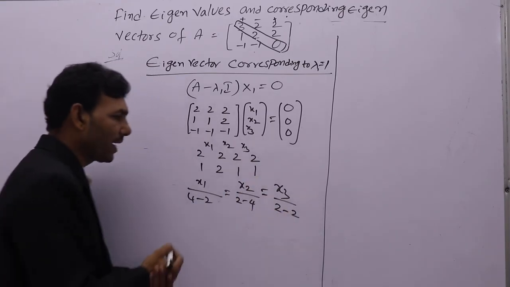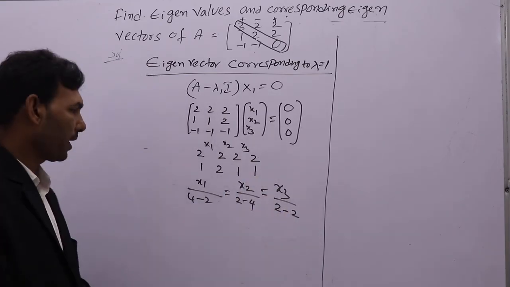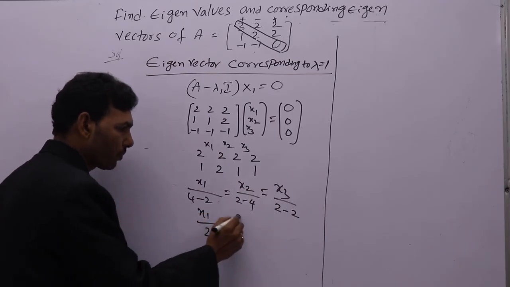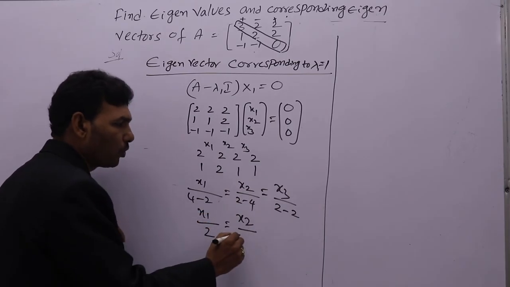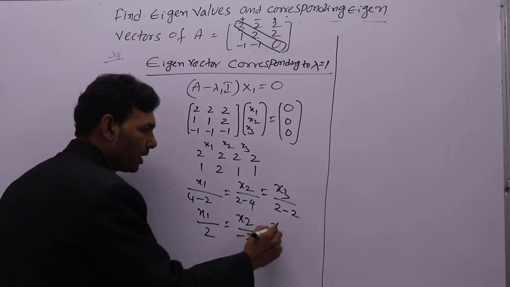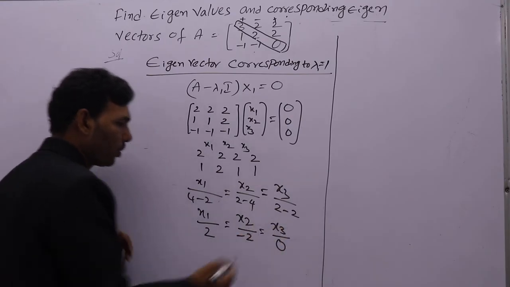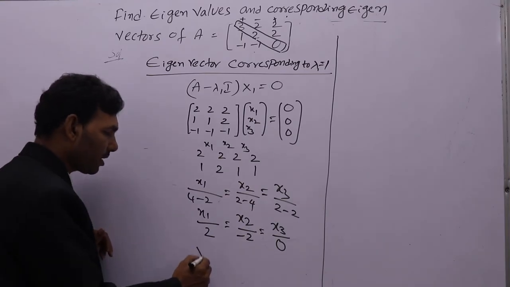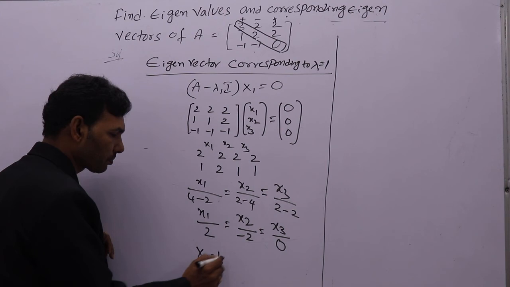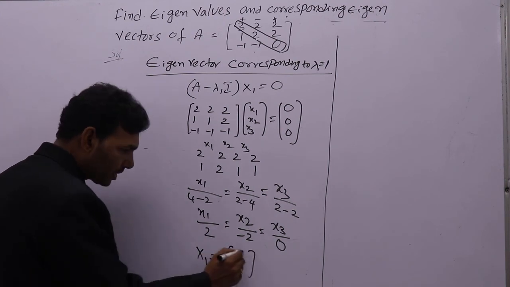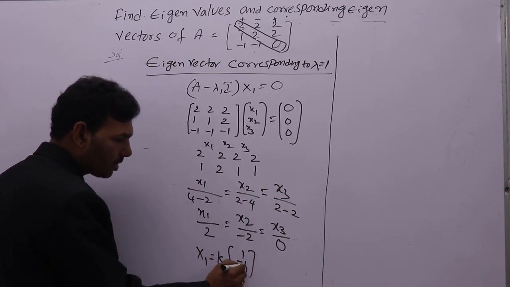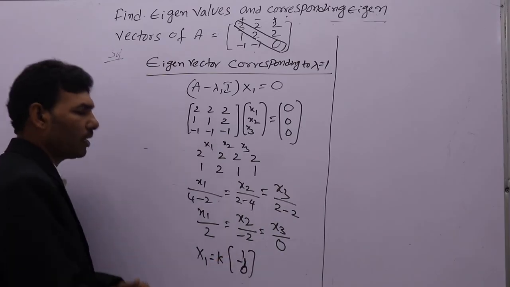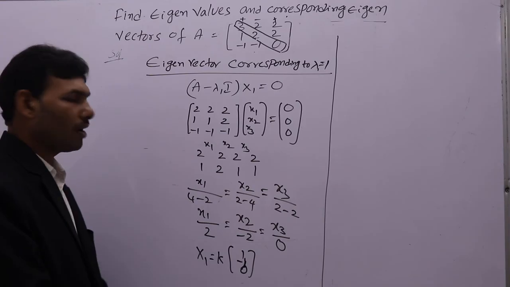Like this you may get 1 zero, you may get 2 zeros. x1 by 4 minus 2, 2. x2 by 2 minus 4 minus 2. x3 by 0. Now cancel with 2 and you will get the first eigenvector: 1, minus 1, 0. This is the first eigenvector.